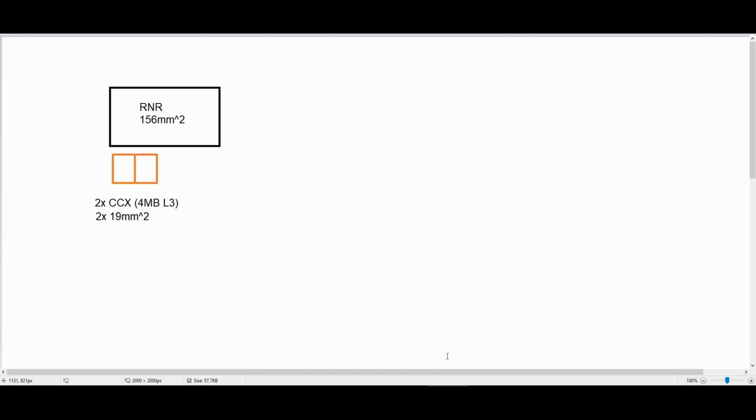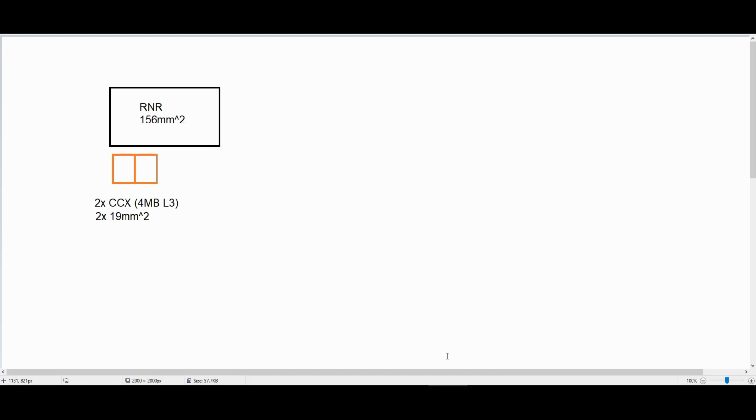For Matisse and the Epyc chips, they of course used the 16 megabyte L3 config, and this comes out to 30 or so millimeters squared. So I'm not 100% sure on this 19 millimeters squared number, because it's derived off calculations of the core minus the L3 area and then plus 4 megabytes of L3.